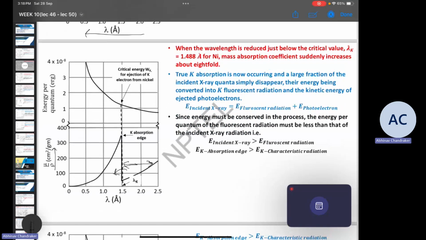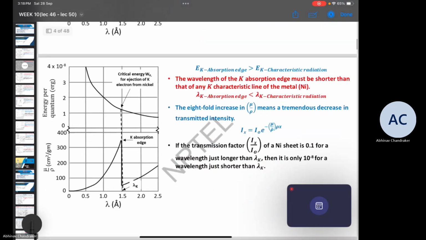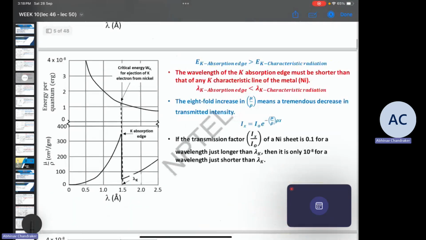The wavelength below which this occurs is called the K absorption edge. This is the formula for the relationship between the transmitted beam intensity and the mass absorption coefficient.